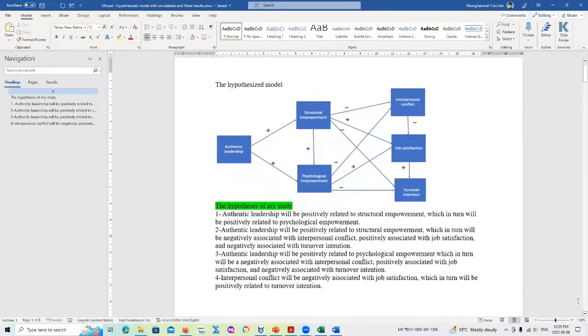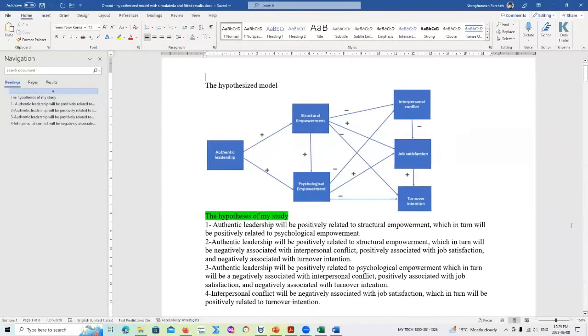I'm proposing the indirect path from authentic leadership to the outcomes, which are interpersonal conflict, job satisfaction, and turnover retention, through structural empowerment and psychological empowerment. I'm not testing mediation or moderation. I'm just testing the indirect effect and also the direct effects between the variables.